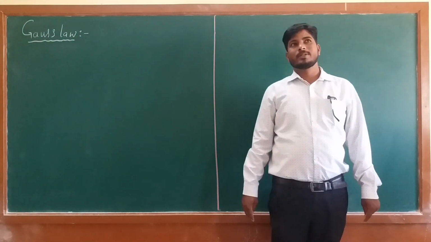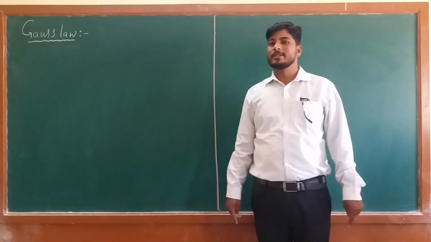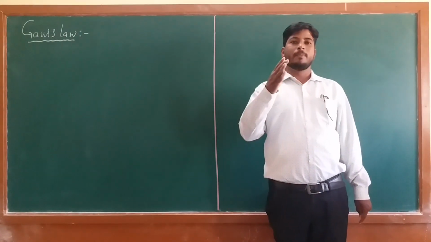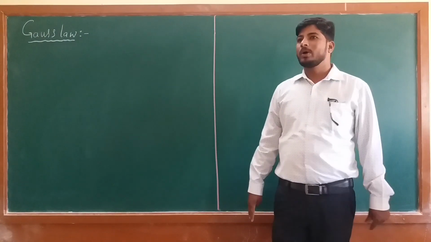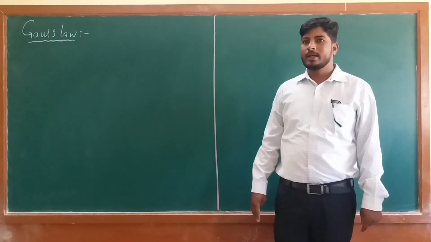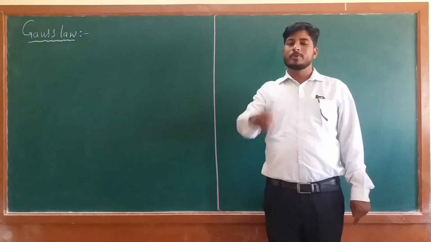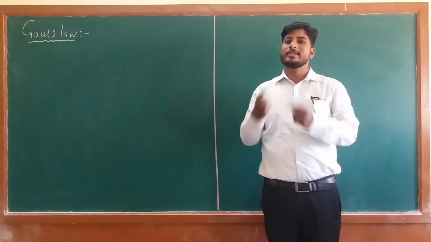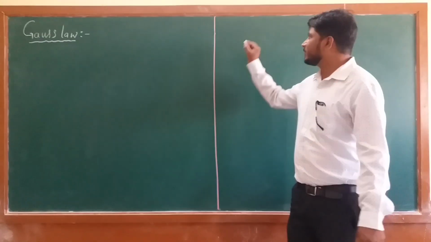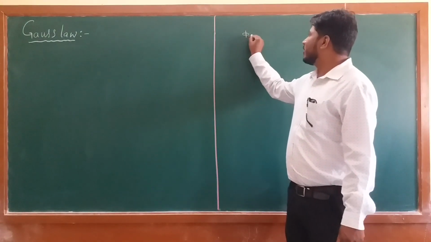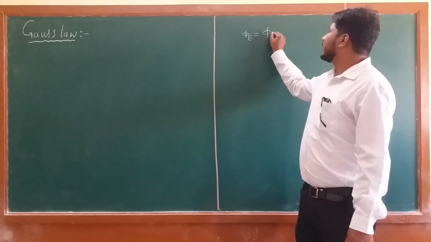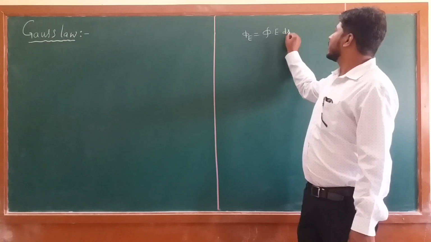In the last class, we discussed about the electric flux, that is the number of electric field lines passing normally through any surface. If the lines of force pass through a plane surface, we can calculate the electric flux by using the formula, phi of E is equal to surface integral of E dot ds cos theta.